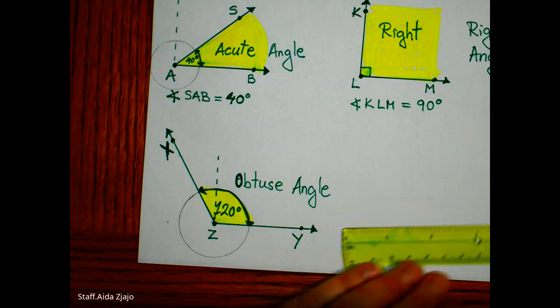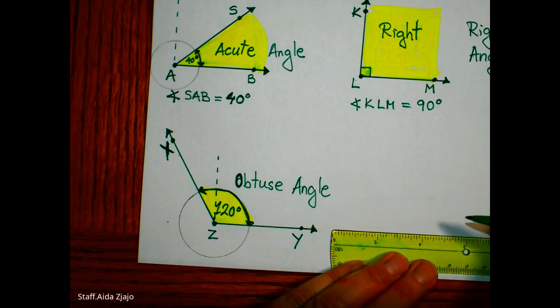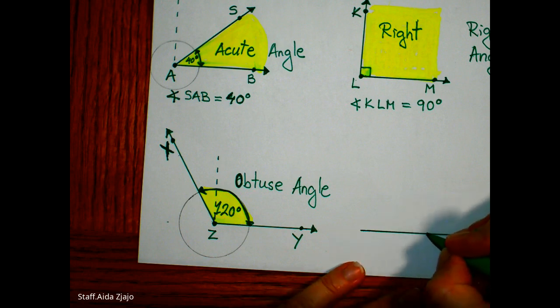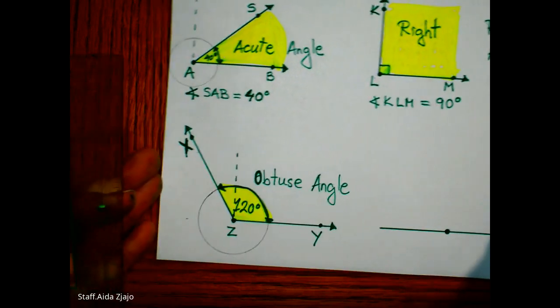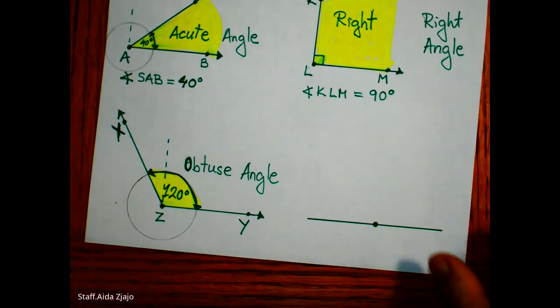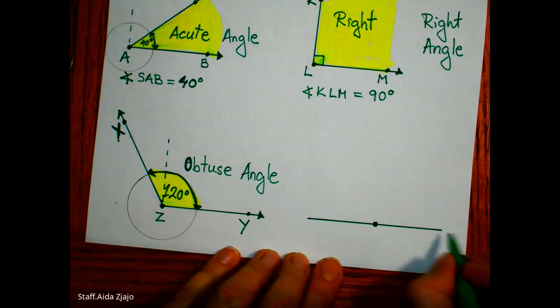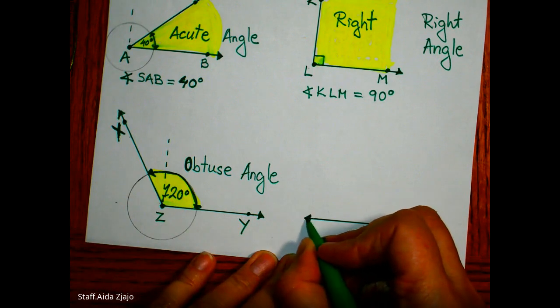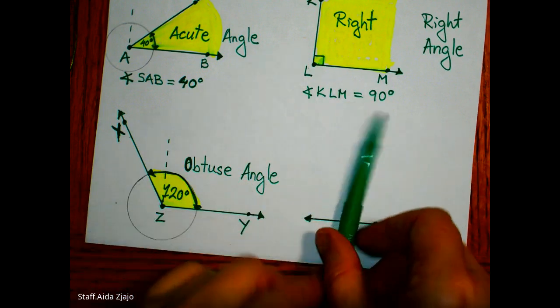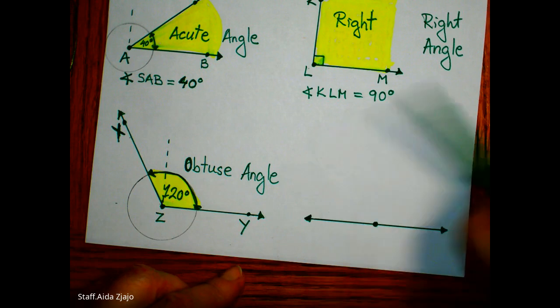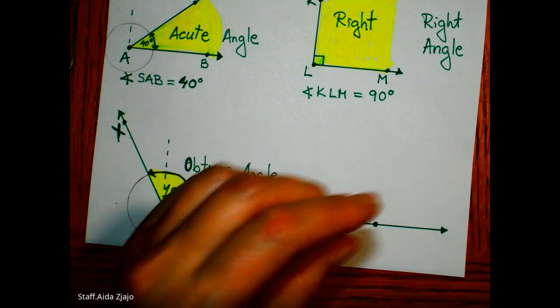We can draw the line, and this time the center of the circle will be right in the middle, and then we can see that our arrows are like open hands. It goes all the way around to the other side, which is really half of the circle.